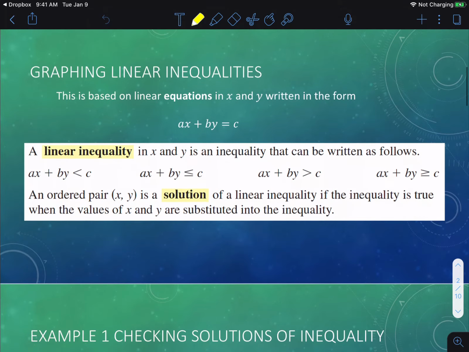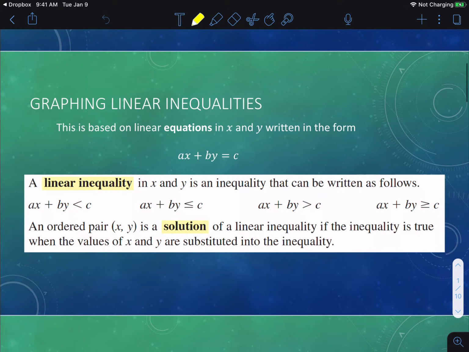So graphing linear inequalities, you remember graphing lines, and as a matter of fact, this is based on the idea that linear equations in x and y can be written in the form ax plus by is equal to c. I'll show you how we can do this. If I subtract ax from both sides, I end up with by is equal to c minus ax.